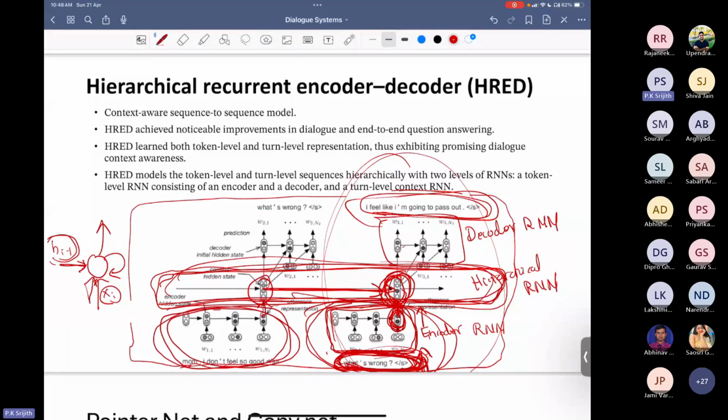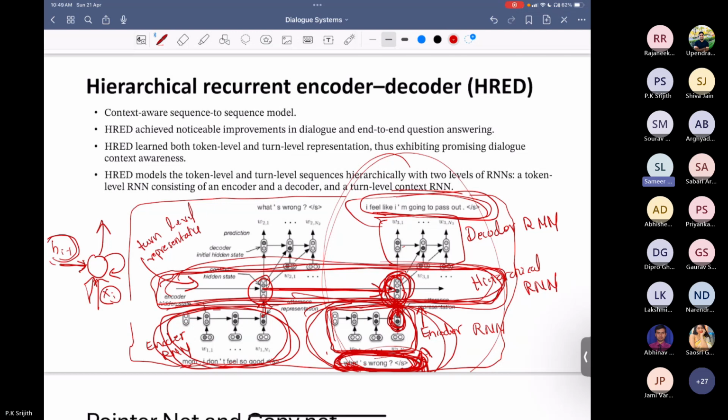This is considering a particular message and trying to find out an embedding associated with that message. So this is again an encoder RNN, which provides a token level representation. And this is the hierarchical RNN, which tries to find out a turn level representation.